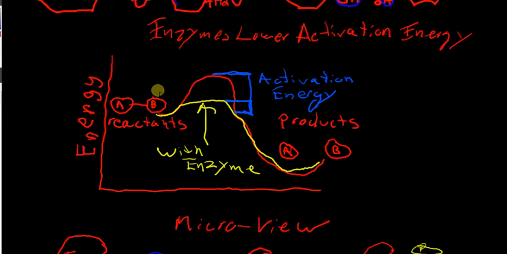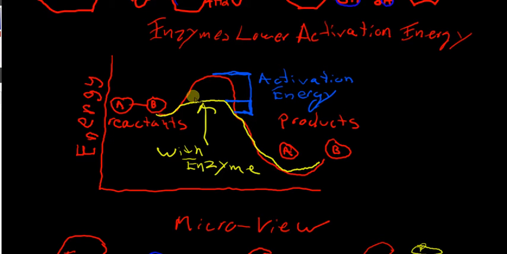And what enzymes do is decrease that initial amount of energy you have to put into the reactants to change them to products. And that initial amount of energy that you have to put into the reactants is called the activation energy. And it's this hump of increasing energy in this diagram. Now, what an enzyme does is it decreases the activation energy, or the energy you have to put into the reactants before they will transition and react and form products.